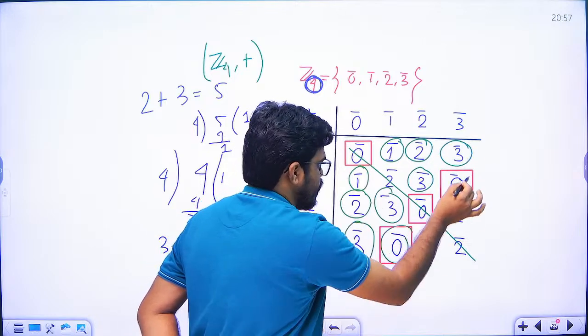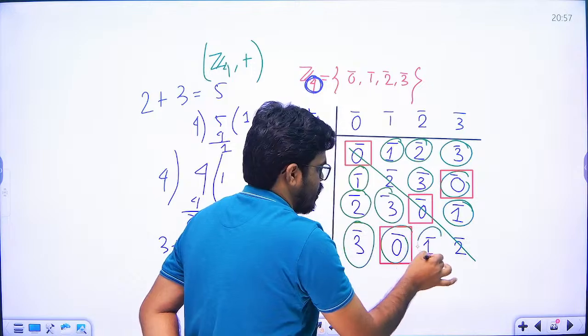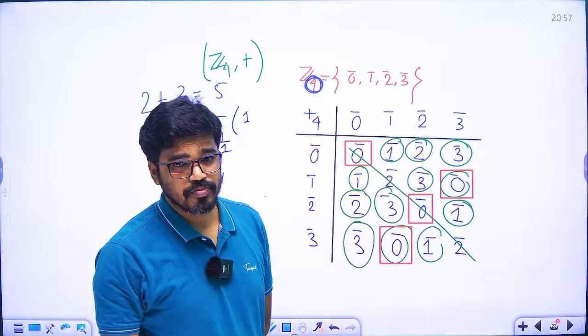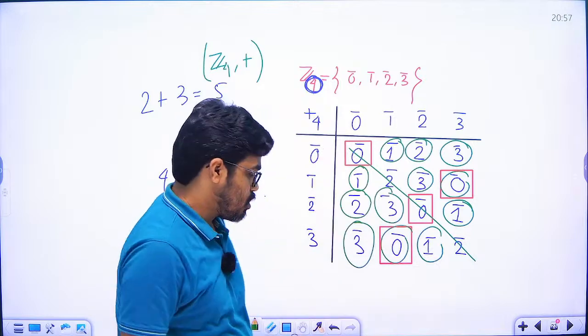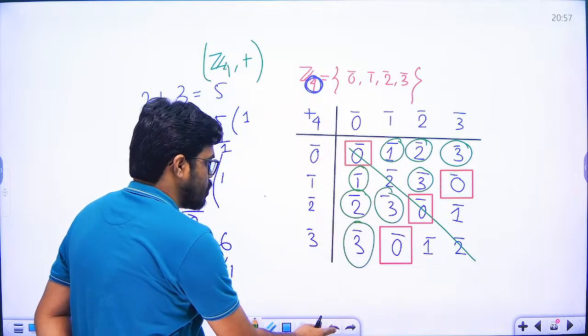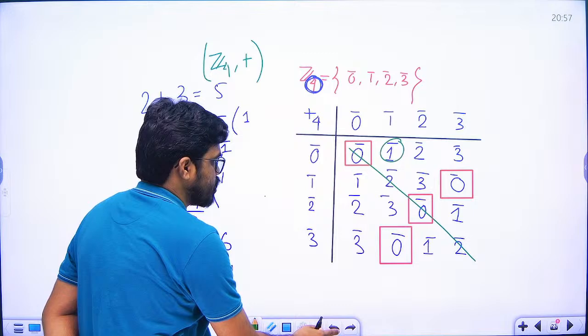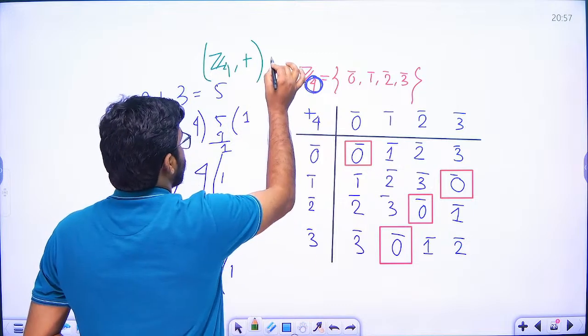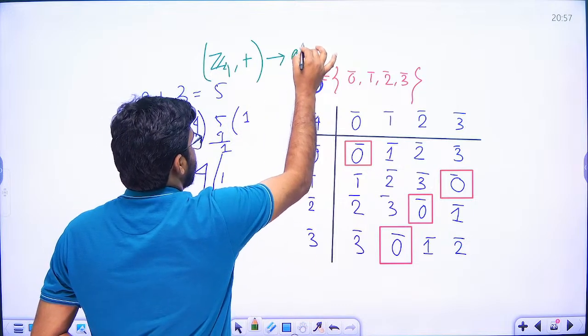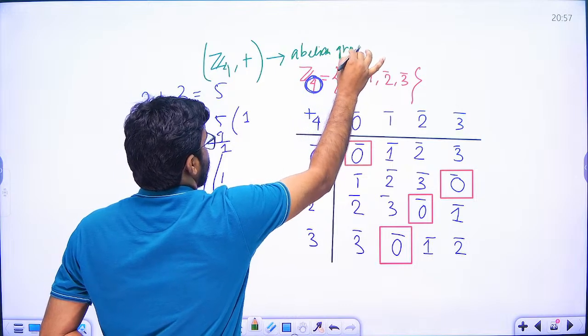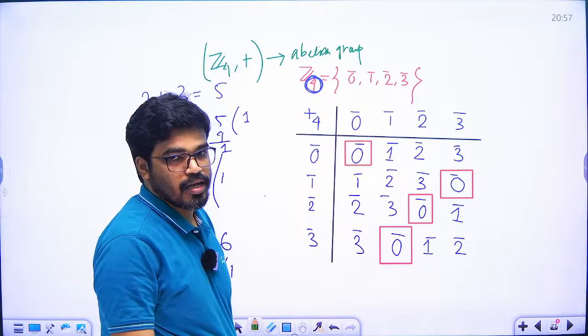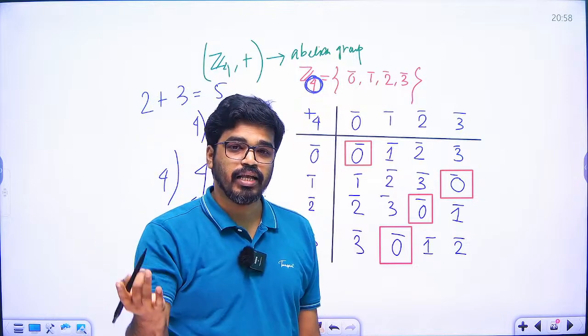So the table is symmetric about the principal diagonal, so commutative property holds. So addition is commutative. So we conclude that Z4 comma plus is an abelian group. Okay. So Z3 is an abelian group.